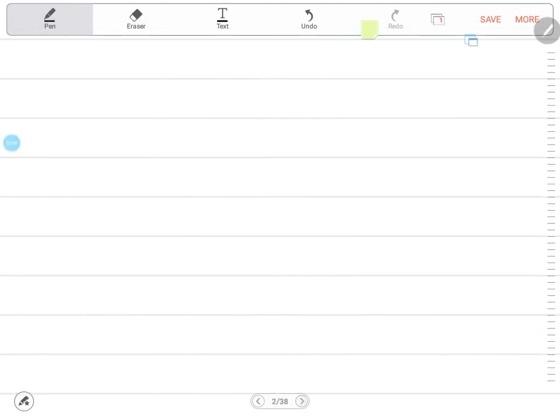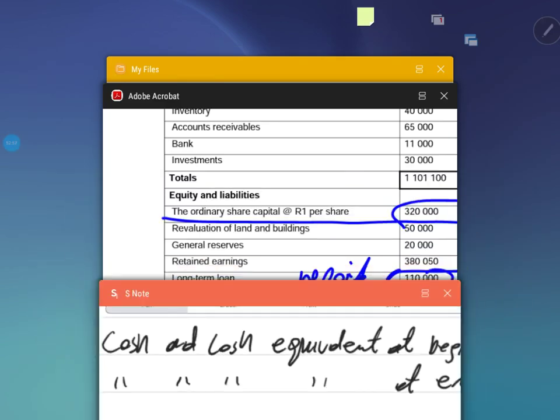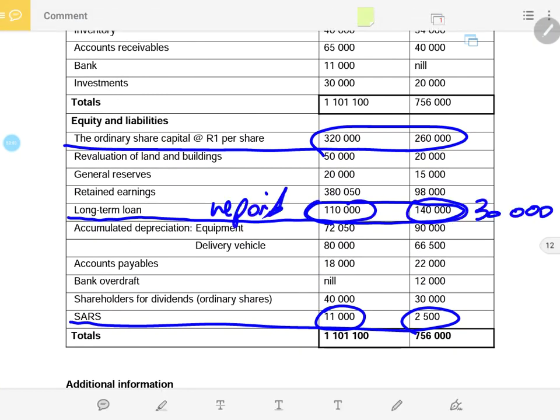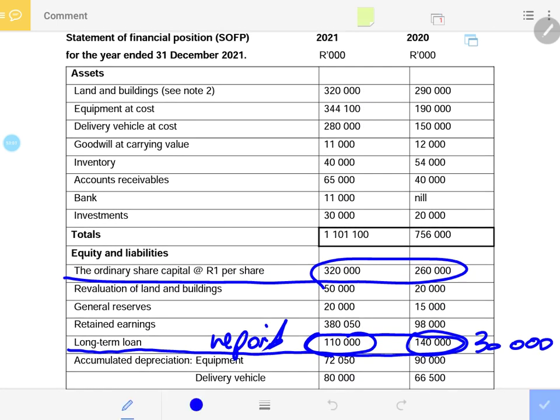Because of the limited space in my case, I have cash and cash equivalent at the beginning and cash and cash equivalent at the end. Now we're looking at the opening balance of bank and closing balance of bank.